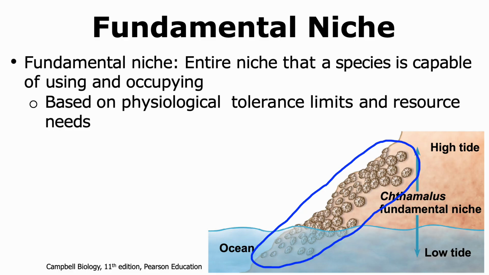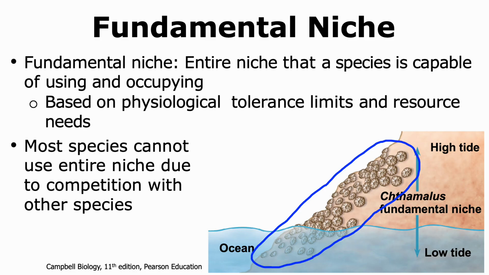It is able to occupy regions of low tide as well as high tide, and hence the fundamental niche is the entire region between the low tide and high tide. It should be noted that in most instances, species cannot utilize their entire niche because they have to compete with other species for the niche.